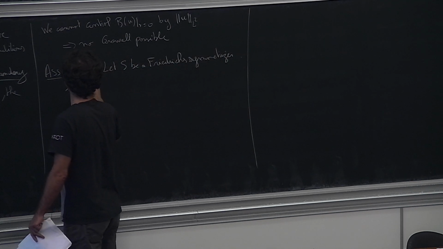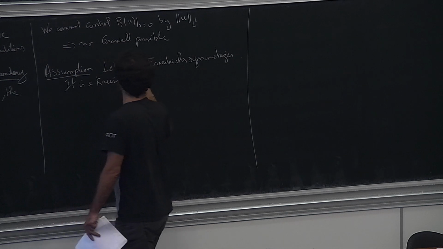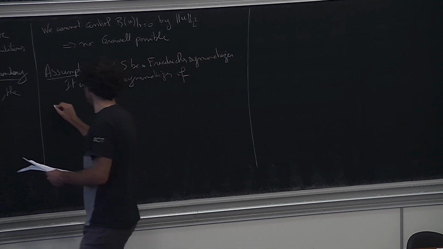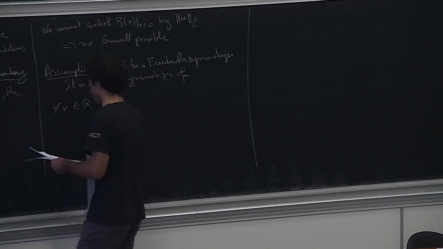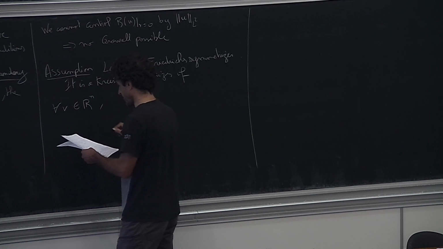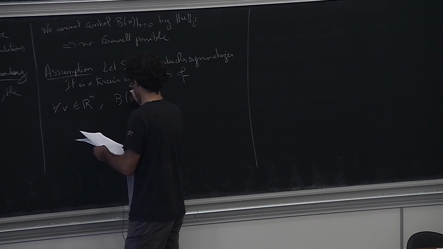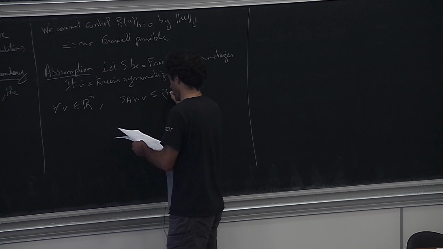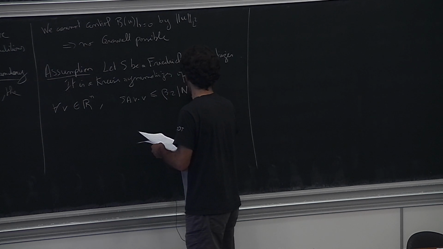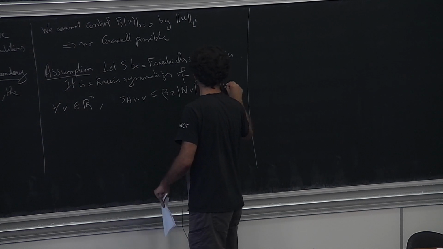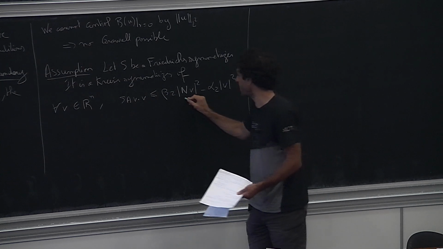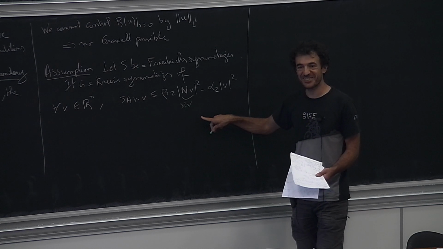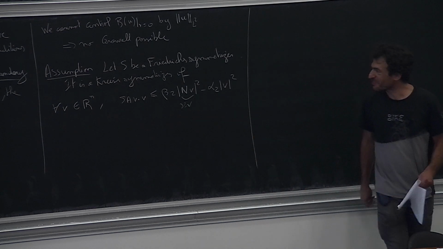It is a Kreiss symmetrizer if for all V in Rn we have that B of V, which means SA V dot V, is bounded by, here in this simple case I've taken N to be nu dot V. Nu and V, as David said, my calligraphic courses are far away, so be careful. I have V and I have nu.